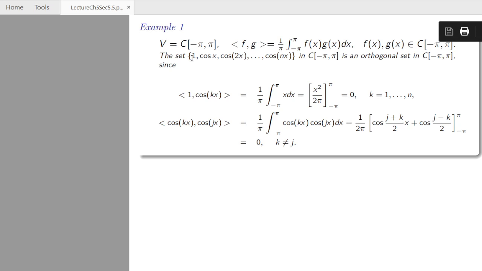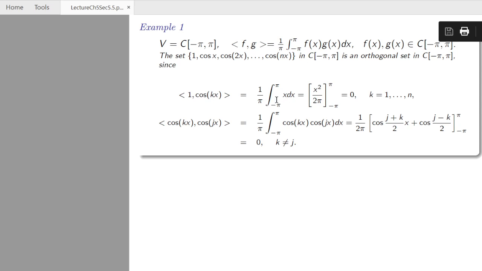For the first vector v1 equals 1, and the other vectors cosine kx, the inner product by definition here is the integral. So we substitute f of x by 1 and then g of x by cosine kx.